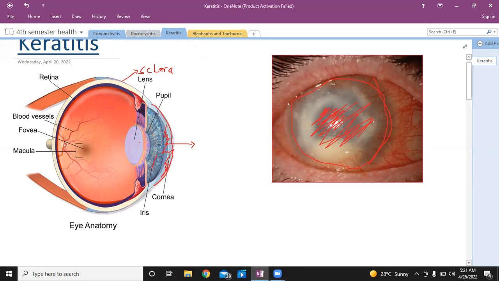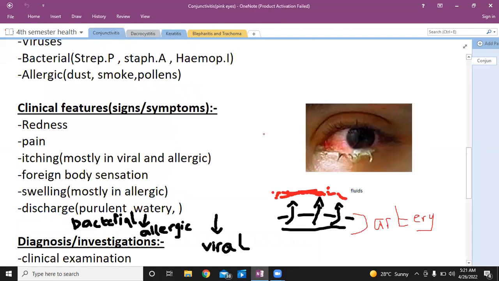Now, how do you distinguish keratitis from conjunctivitis or maybe other diseases? You can distinguish it by this one thing, which is blurred vision. Okay, in conjunctivitis there will be redness, pain, itching, foreign body sensation, swelling and discharge, but there was no blurred vision.